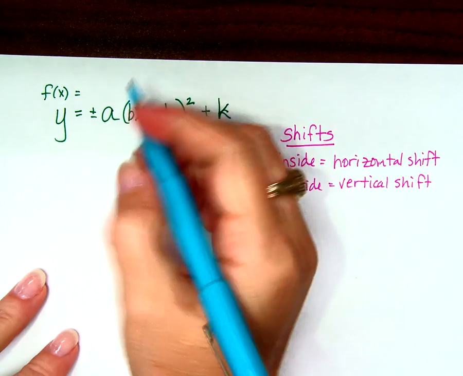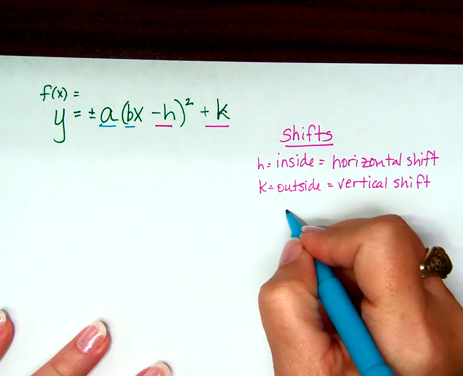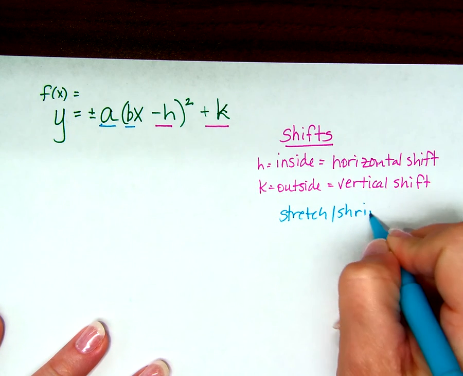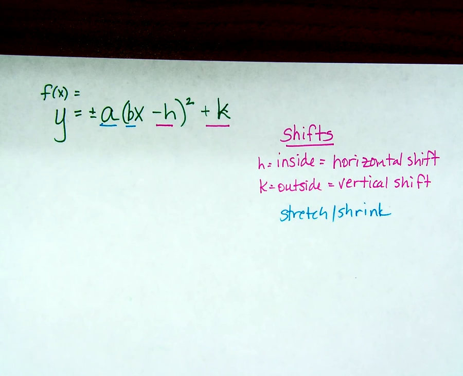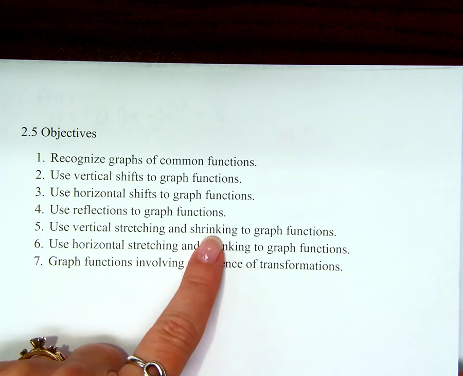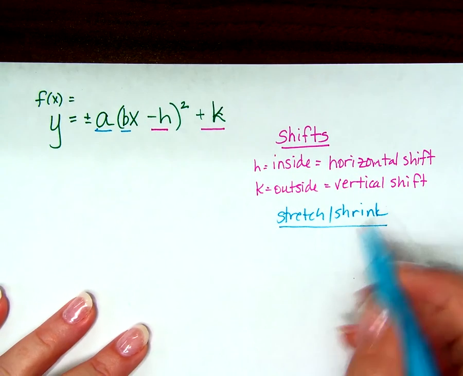Things being multiplied cause not a shift, but a stretch or a shrink. Let me make sure I'm using the right vocabulary. They use stretch and shrink. A lot of times in Algebra 2 we talked about compression because our book says compression, but that means the same thing. So it causes a stretch or a shrink.